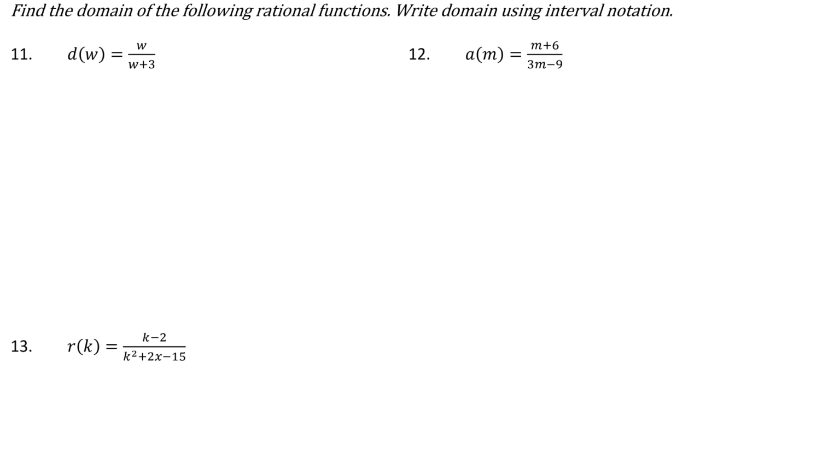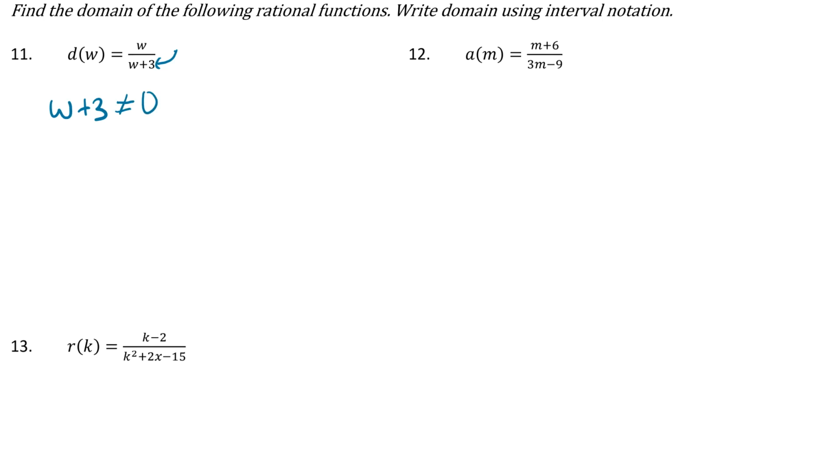So if we're going to try to find the domain of this, then again, we need to pay attention to the denominator of the function. We don't really care what's on top. We just care about what's on bottom, right? Because we want to make sure that that's not 0. So we can just set w plus 3, which is that bottom part, to not equal 0. Right?